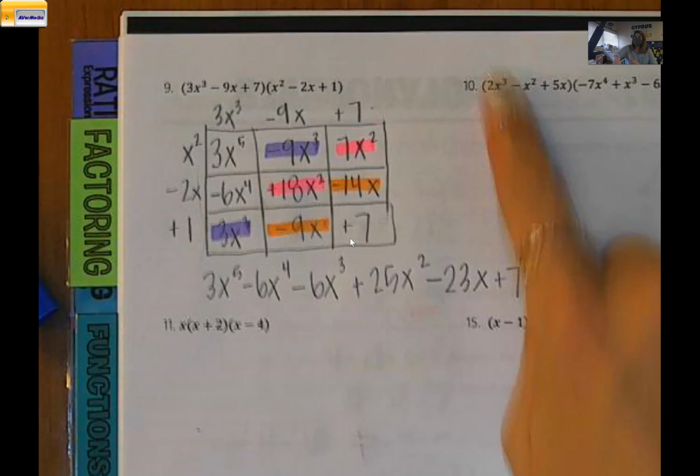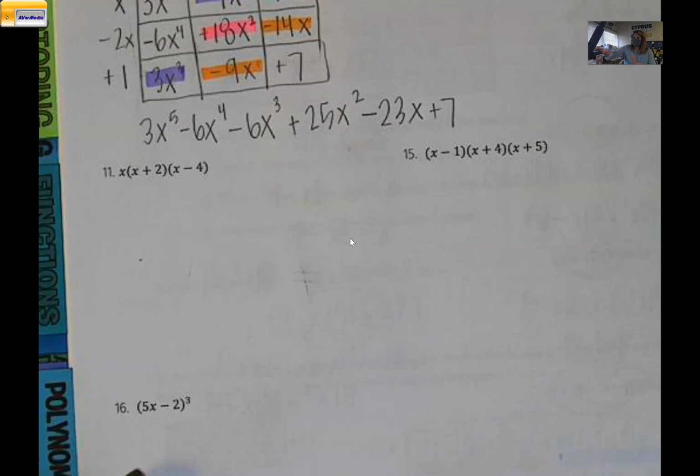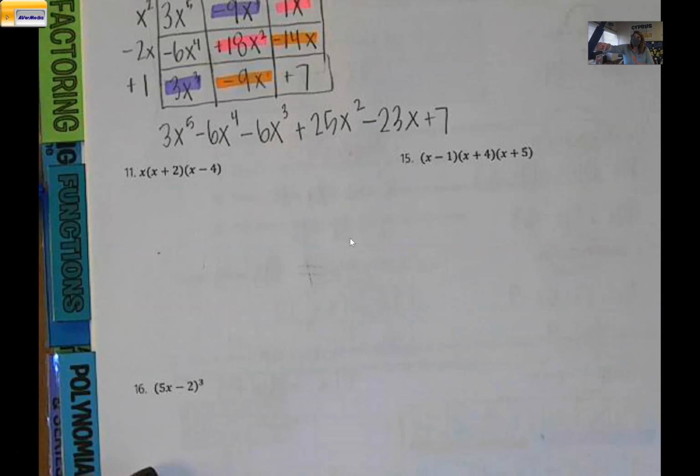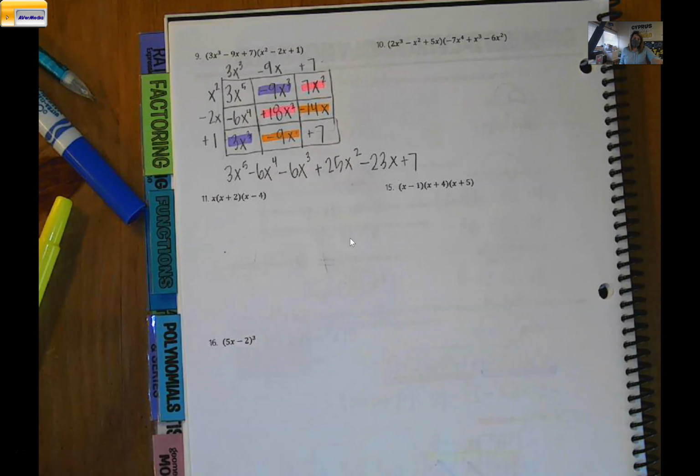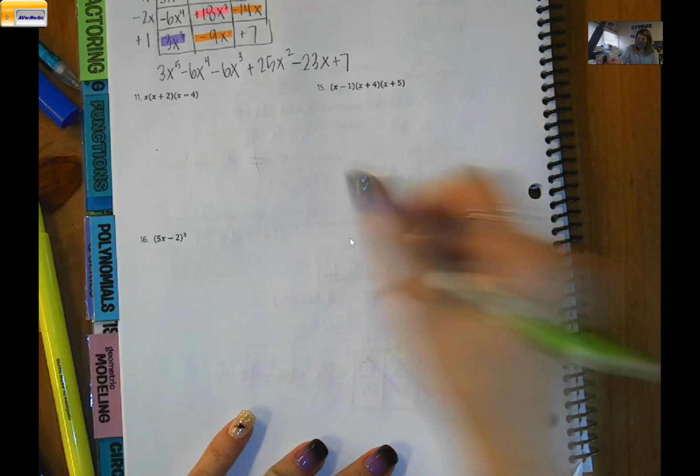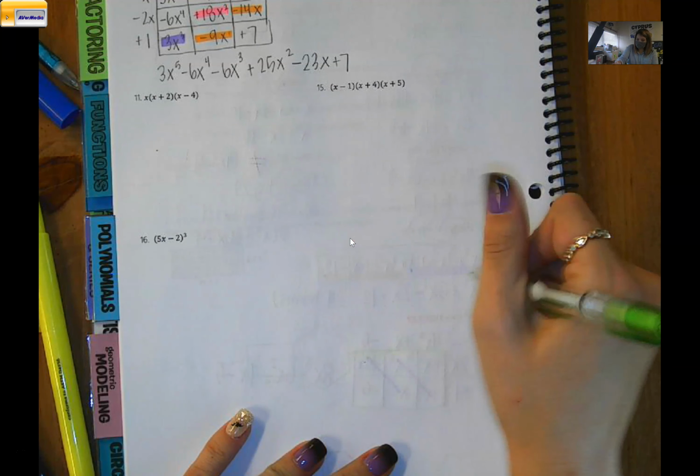Okay, I'm going to do number 10 down at the bottom because I write ginormously. So I want you guys now to try 10 without me. I know that these are a lot to keep track of. So I'll help you set up the box.